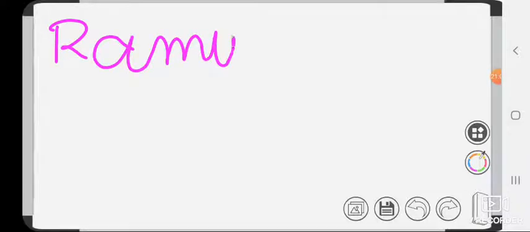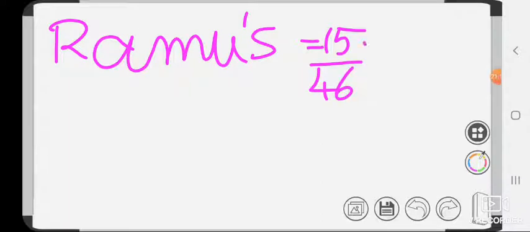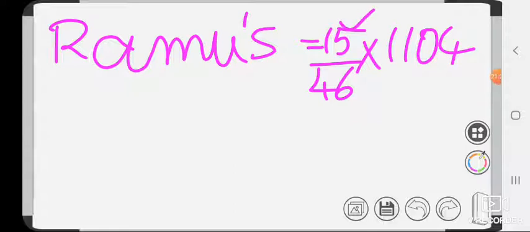What is Ramu's ratio? 15 by 46 into 1104. All these steps are the same, only this ratio will be changing. Now this cancellation is the same everywhere. This is 24.